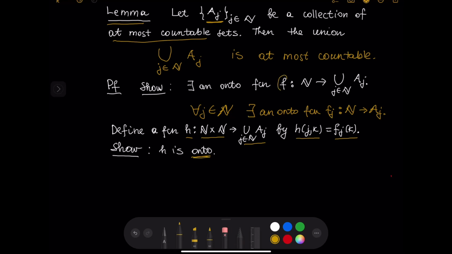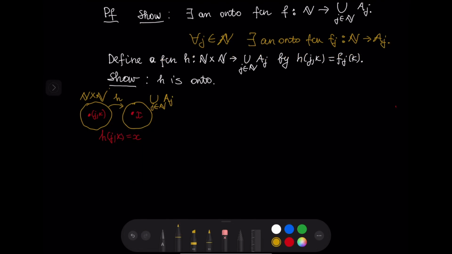Because this function that we are trying to construct, this function f, has to be onto. So what does it mean that the function is onto? So suppose this is our N cross N. This is our union of all Aj, and this is our function h. So this function h is onto if whenever we take a point x in the union of all Aj, there exists a point (j,k) in N cross N such that h of (j,k) is equal to x.